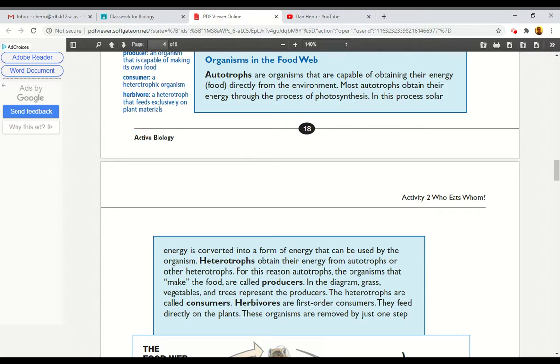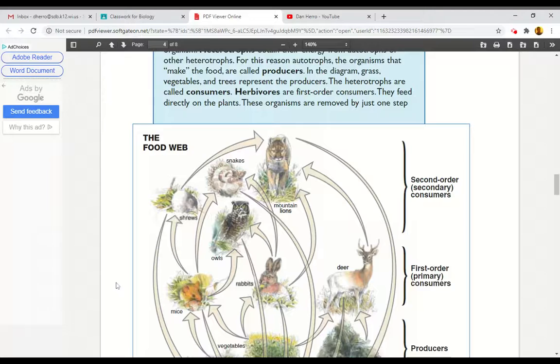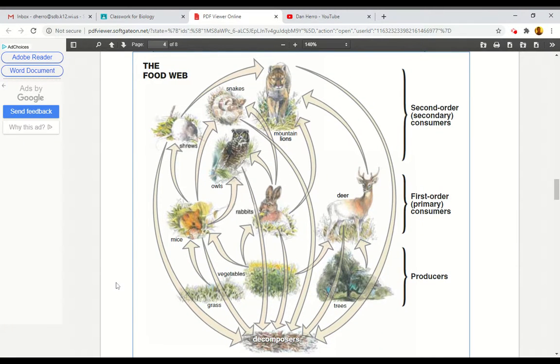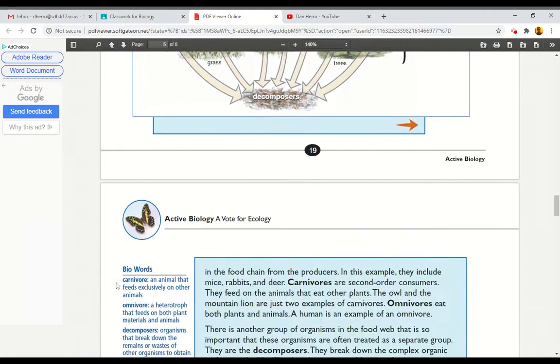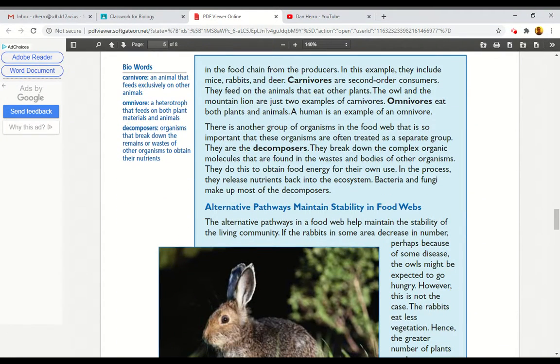The heterotrophs are called consumers. Herbivores are the first-order consumers. They feed directly on the plants. These organisms are removed by just one step in the food chain from the producers.